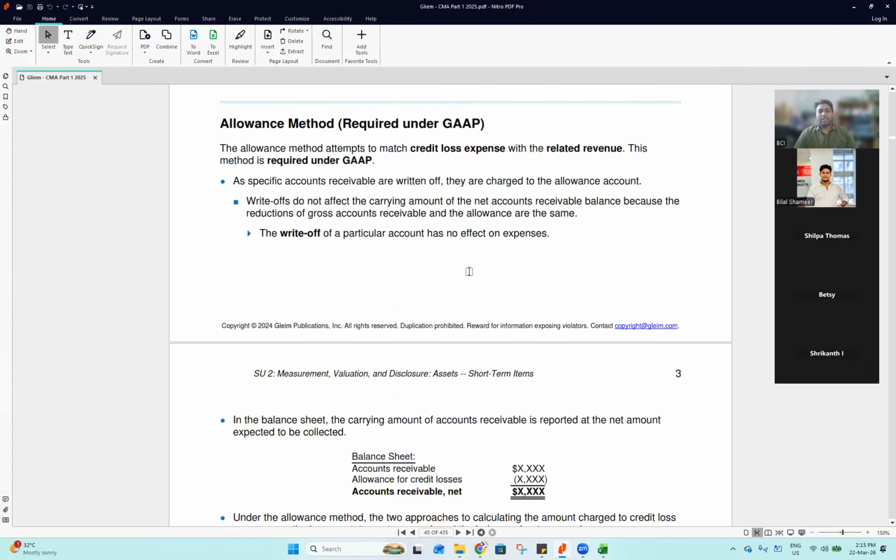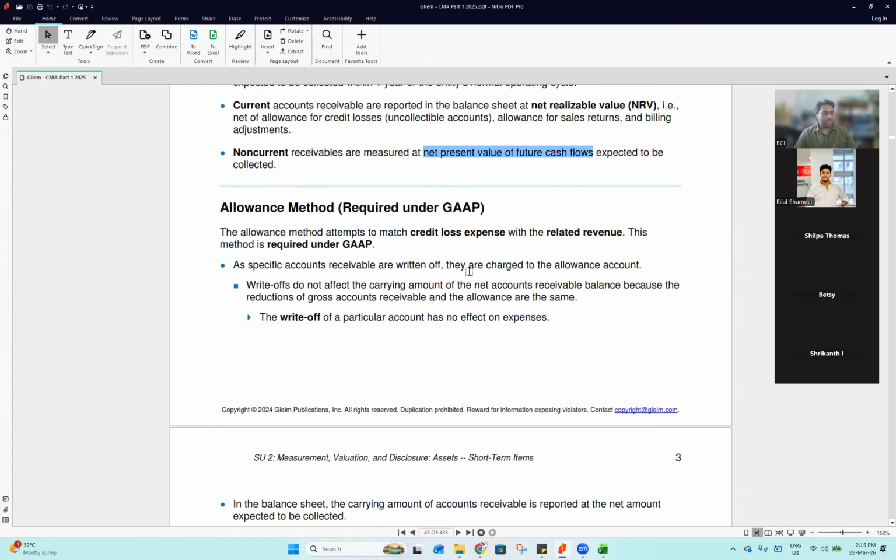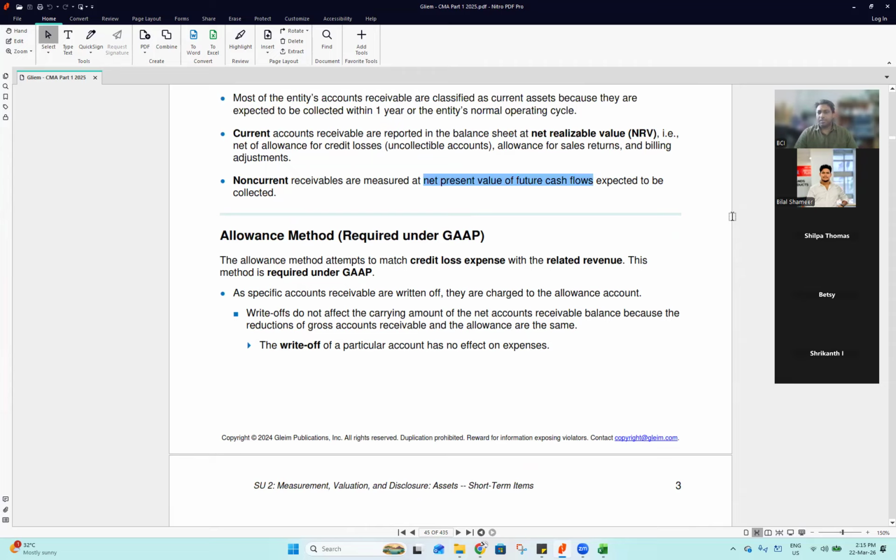Now, allowance method. There are actually two methods: the allowance method and the direct write-off method. Direct write-off means you don't give a provision every year. Provision for bad debts, provision for uncollectibles, or allowance for uncollectibles, you don't show every year. Whenever there is a bad debt, you will recognize it in your P&L. Clear?